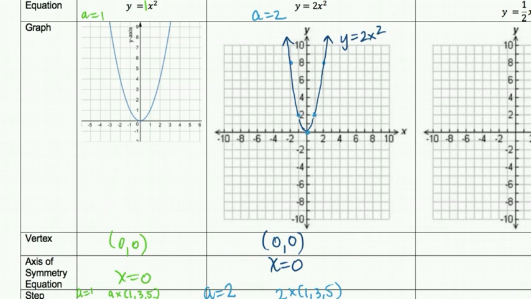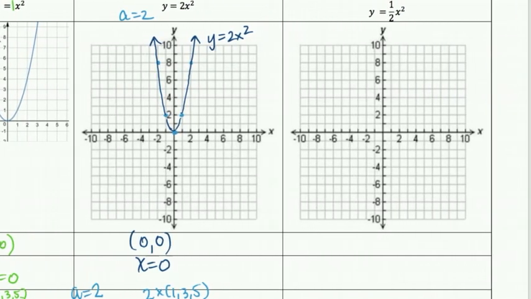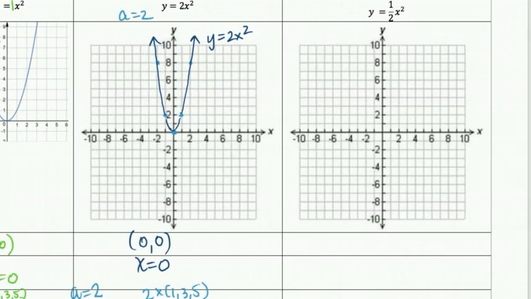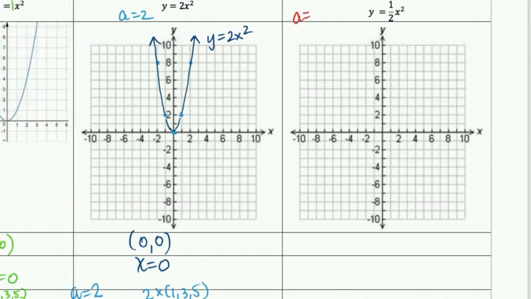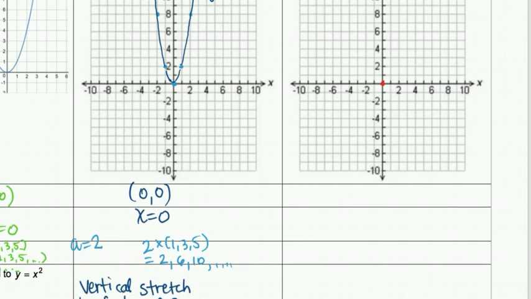Okay, so let's try the next one. Here, analyze the A right away. We got 1/2. We don't have any left or right movement, no up and down movement, so the vertex is still in the same spot. Let's go analyze the step pattern.